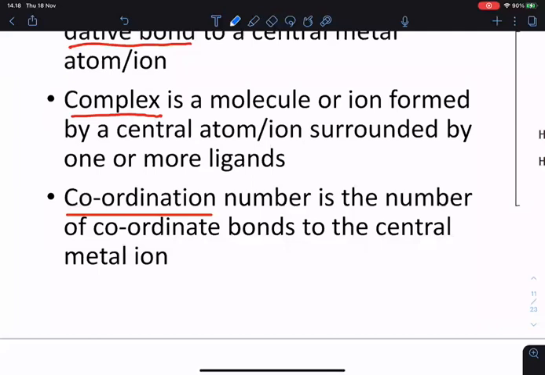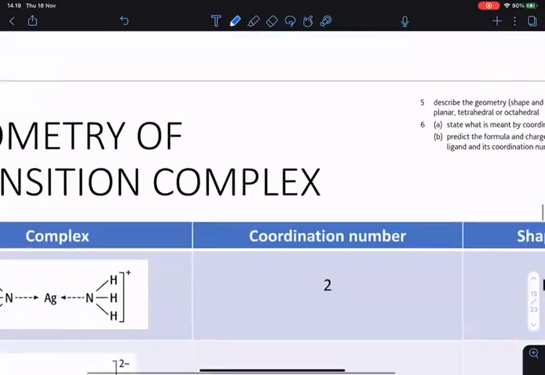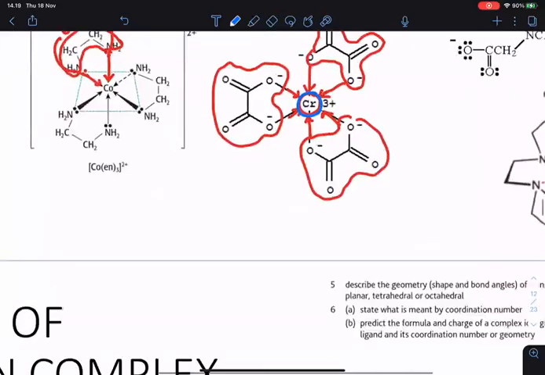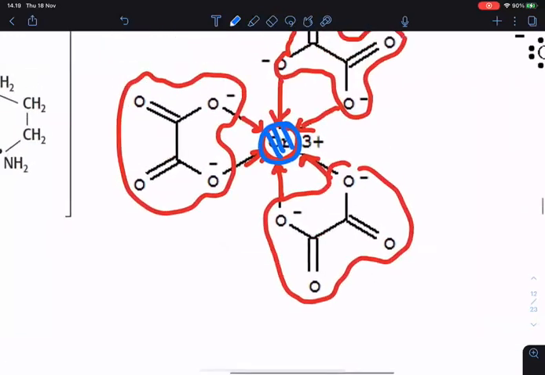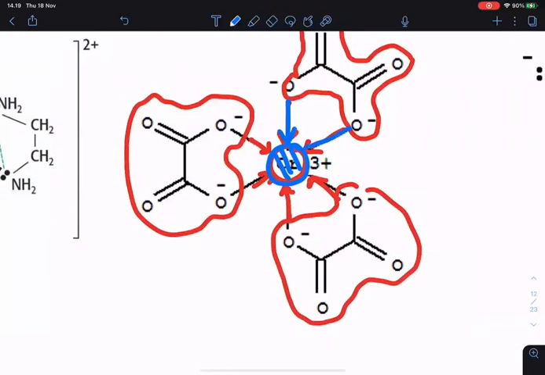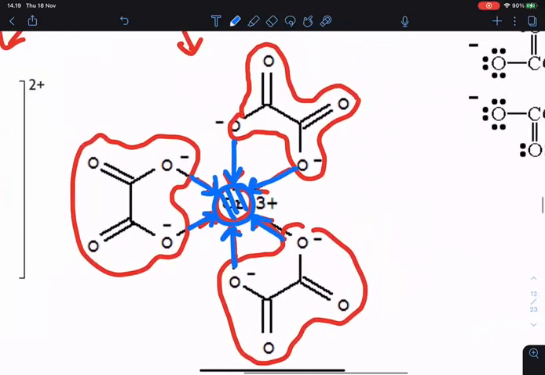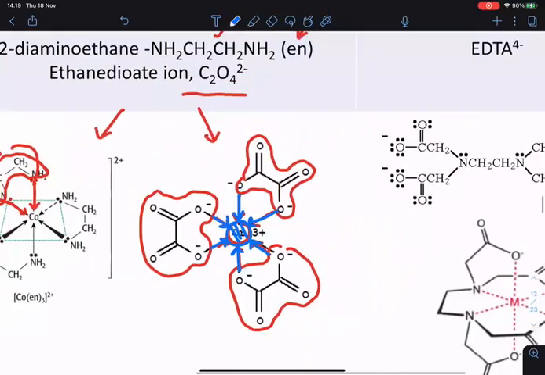They didn't specify whether it must come from only one ligand or how many ligands, it doesn't matter. So if you look over here, this is the central ion, and how many coordinate bonds? 1, 2, 3, 4, 5, 6. Therefore, the coordination number is still going to be 6. I hope you can understand this. It is very common where students make this mistake.